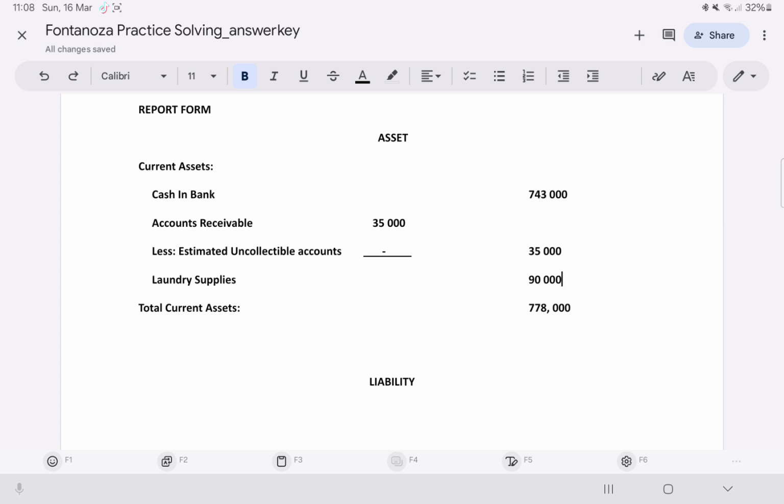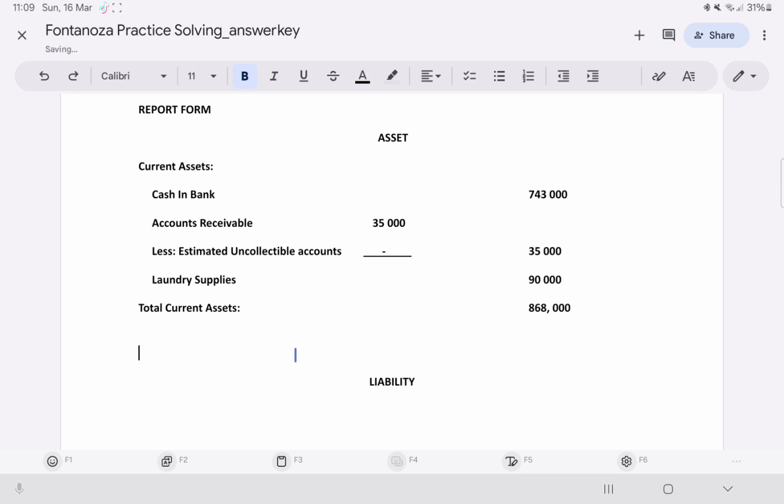Do not forget to bring your calculator because a calculator is really important for you to solve quickly. 743,000 plus 35,000 plus 90,000 equals 868,000.